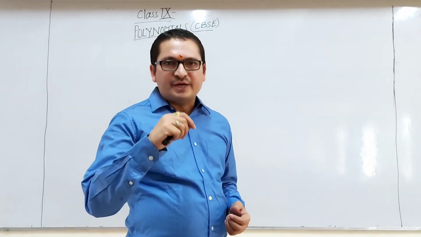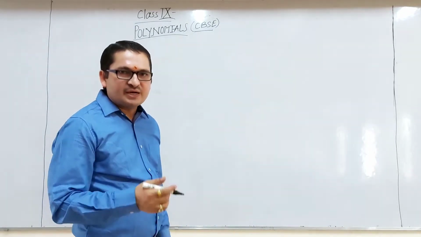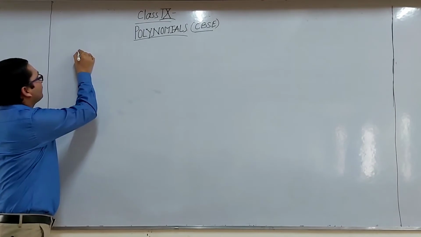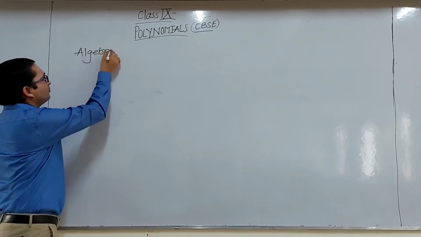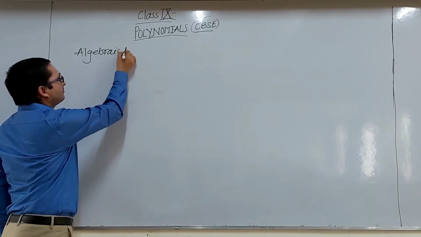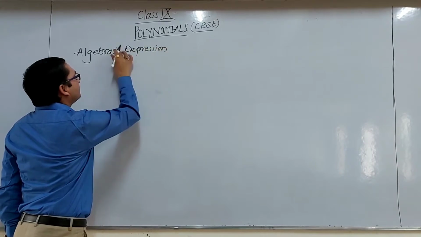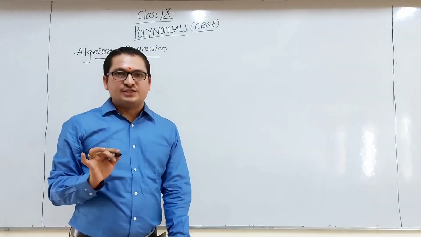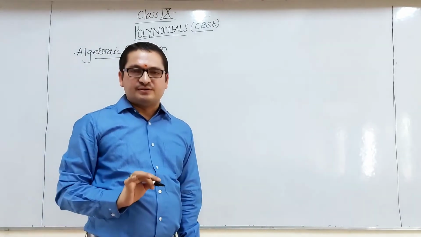Before coming to that point, I would like to explain the types of algebraic expressions. First we will talk about the algebraic expression. This is a combination of variable and constant.